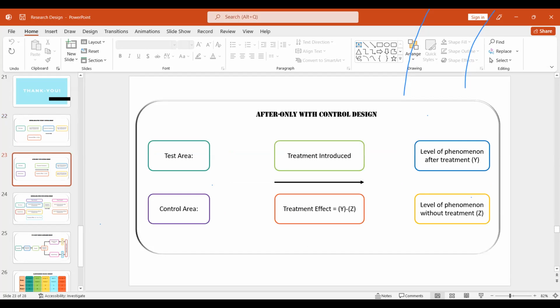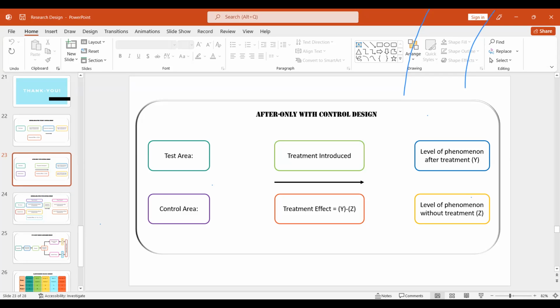And the next is after only with control design. So in this design, two groups or areas are selected. One is test area and one is control area, and the treatment is introduced in the test area.